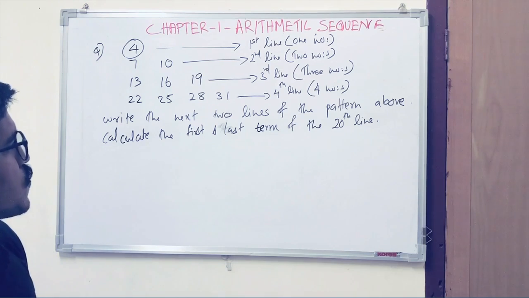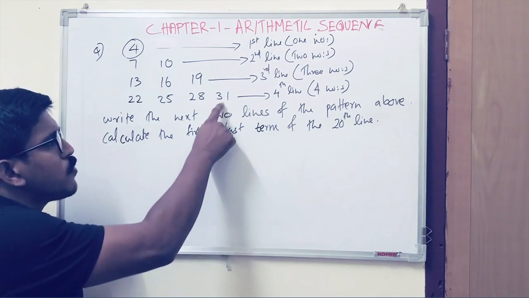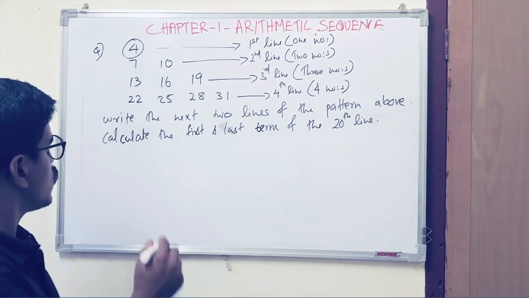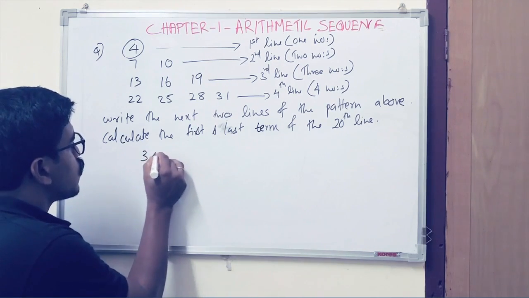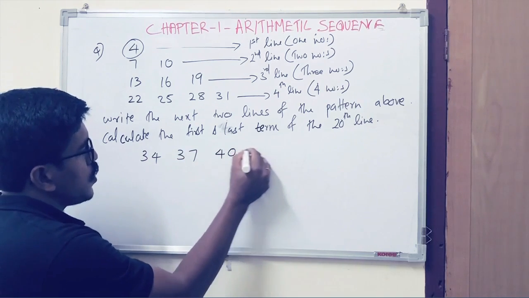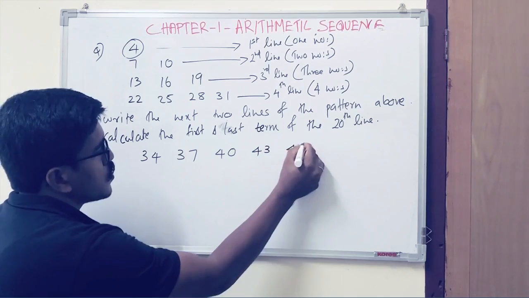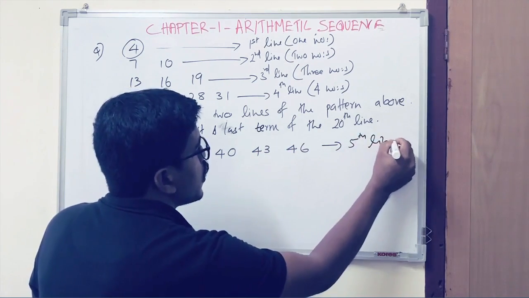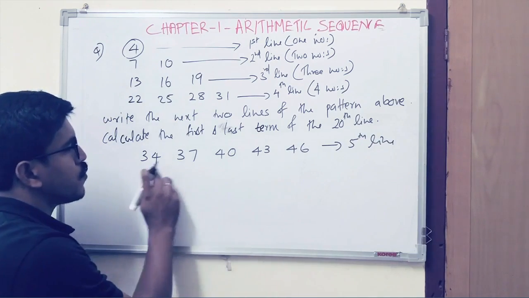Now we can write the fifth line. The last term of the fourth line is 31. So 31 plus 3 is 34, 37, 40, 43, 46. This is the fifth line. We'll be having 5 numbers: 1, 2, 3, 4, 5.